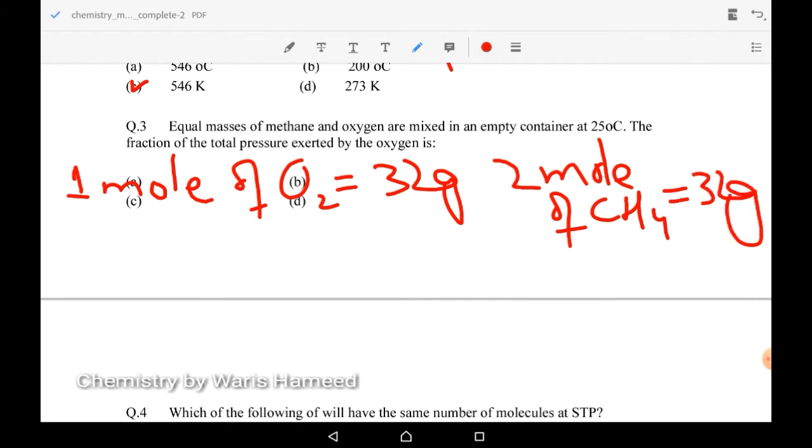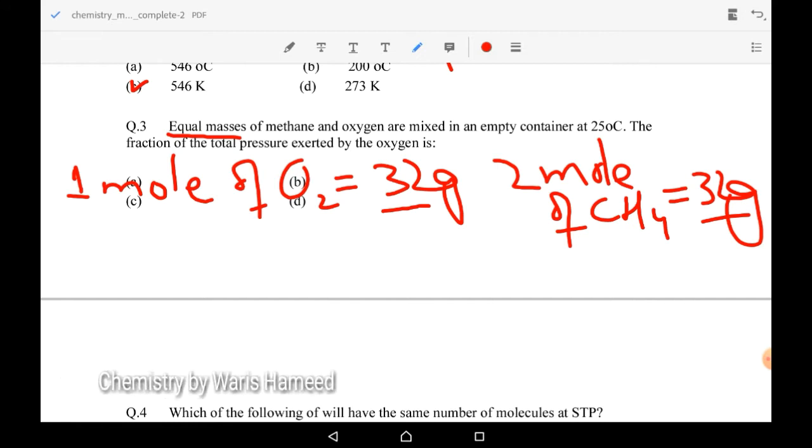Now focus on the statement of equal masses of methane and oxygen. Oxygen has 32 gram and CH4 also has 32 gram, so they have equal masses. We have to find the total pressure exerted by oxygen.